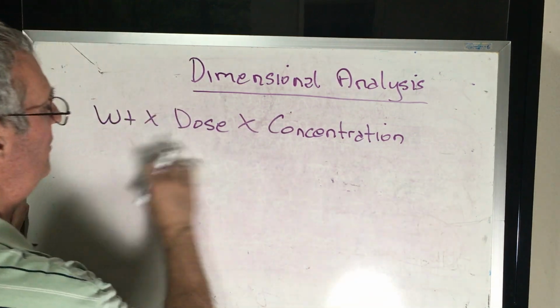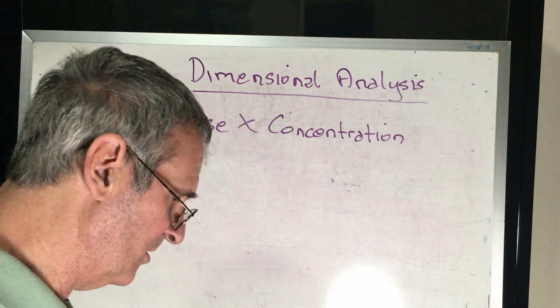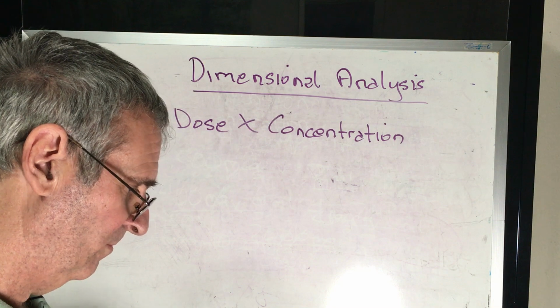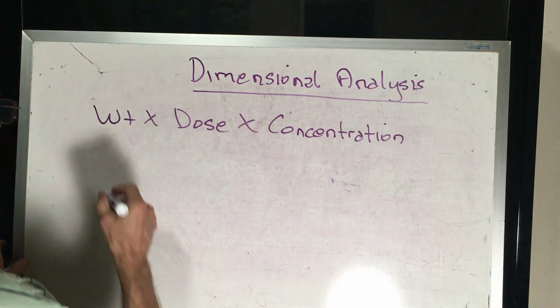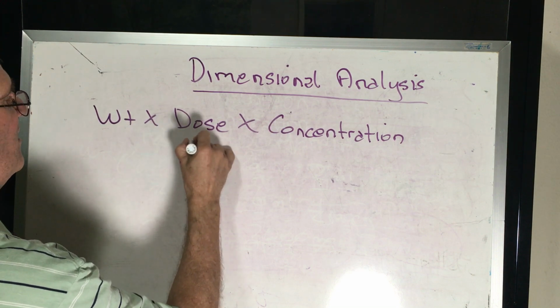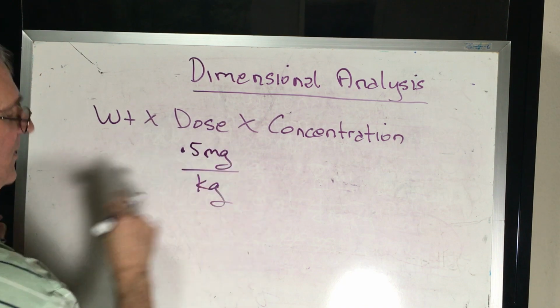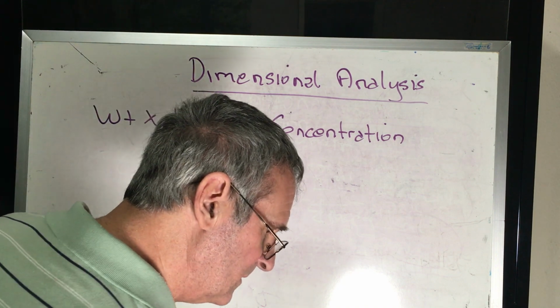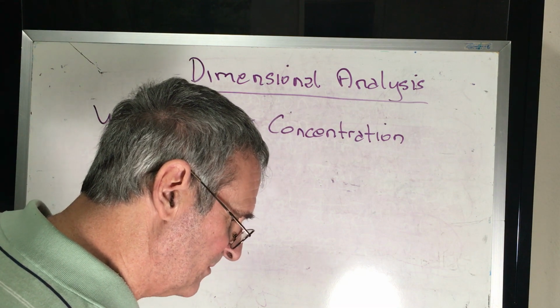Now, let me do one that's a weight-based calculation here. So, number 4 reads 0.5 milligrams per kilogram. So that's the dose. The patient weighs 165 pounds.